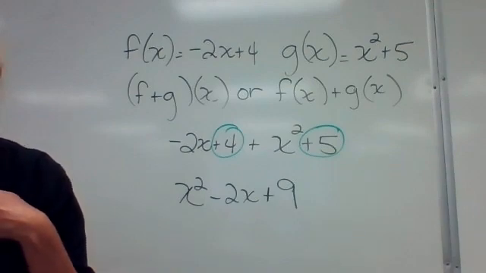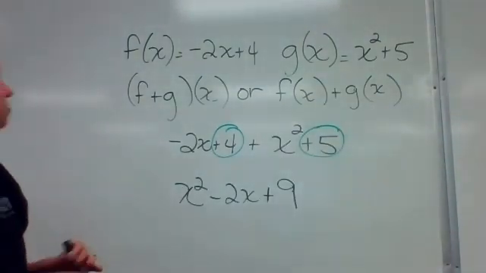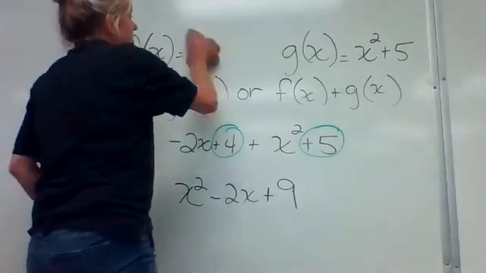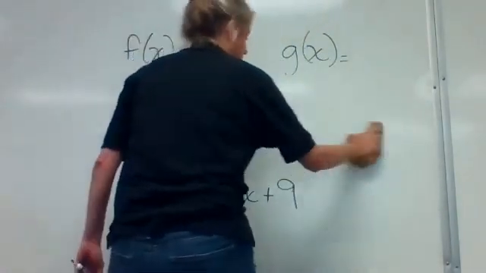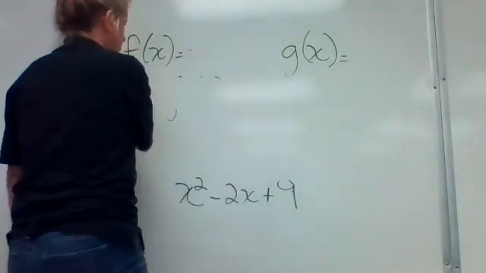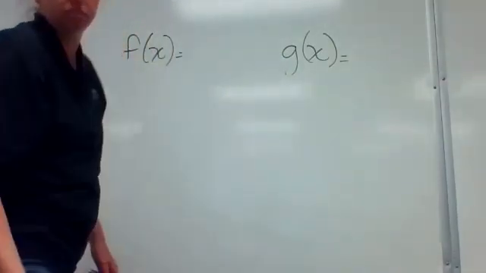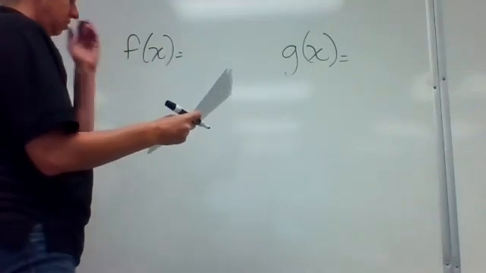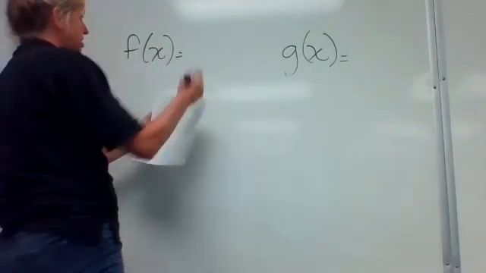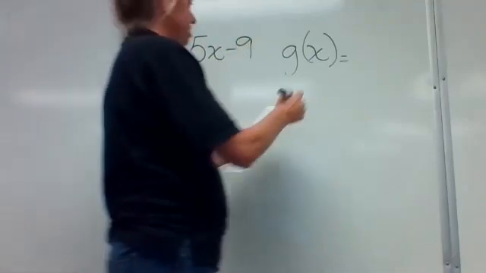Right, number 9. F of x is 5x minus 9. G of x is 2x minus 5.